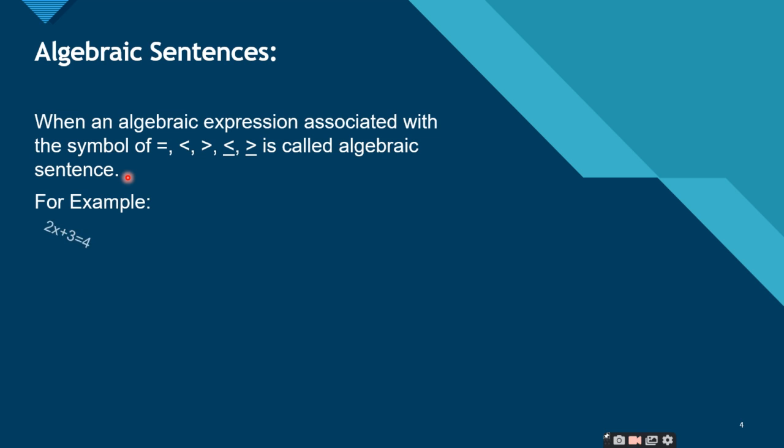For example, 2x plus 3 is equal to 4. 12a is less than 4a. These two are examples of algebraic sentences in which we have an equal to sign and a less than sign.